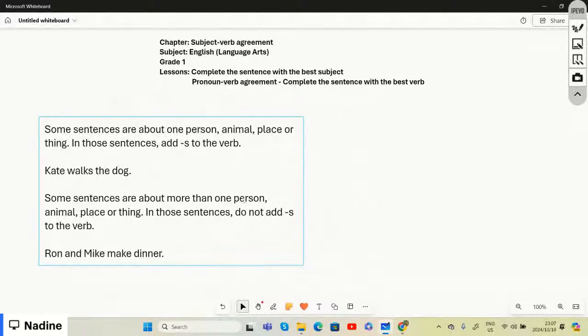All right. So when it comes to subject verb agreement, we said that our subject needs to agree with our verb. Some of the sentences are literally only making mention of one person.